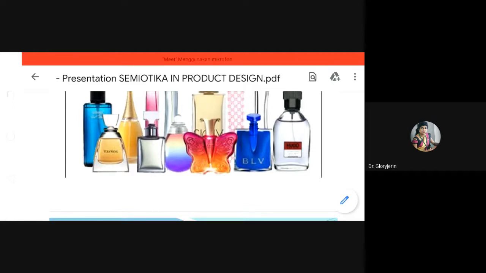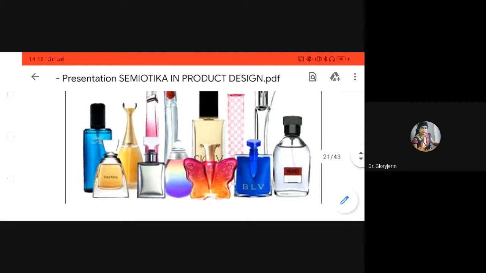We can communicate with verbal, with words. We can write, or we can modify the shape of the product or packaging so it appeals to male or female stereotypes.